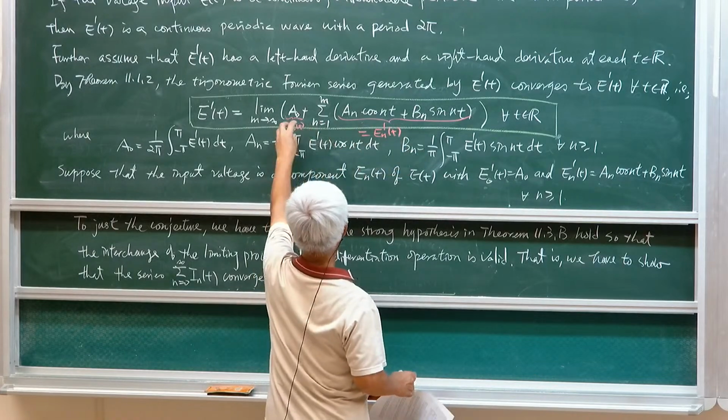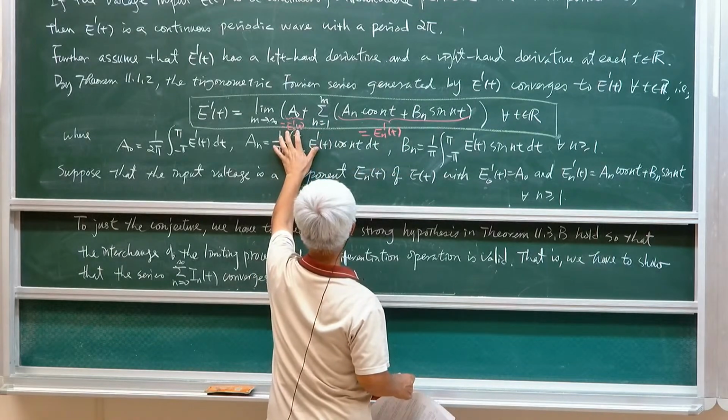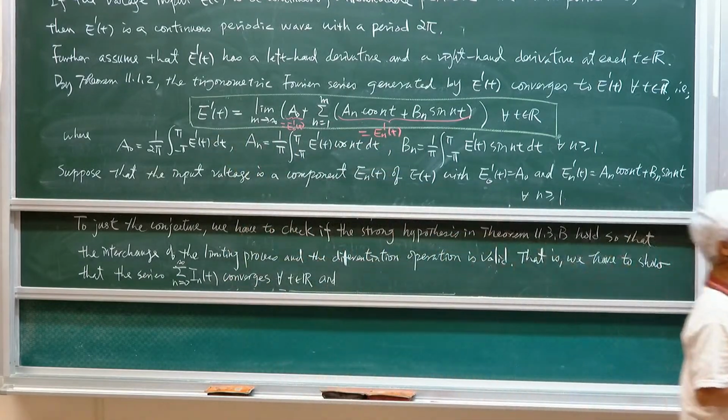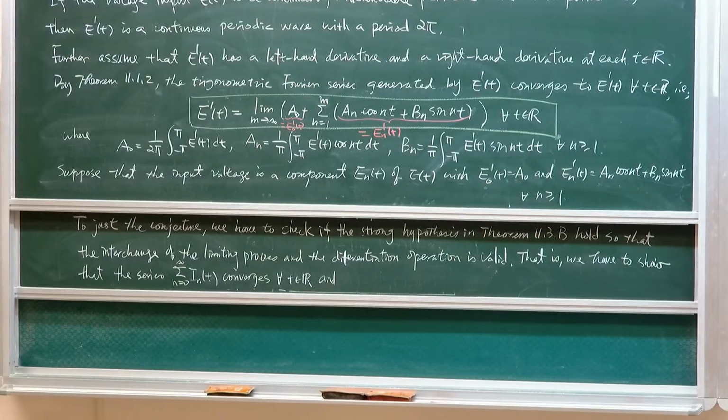All right, so the series sum of E0 prime t, En prime t is equal to E prime t.